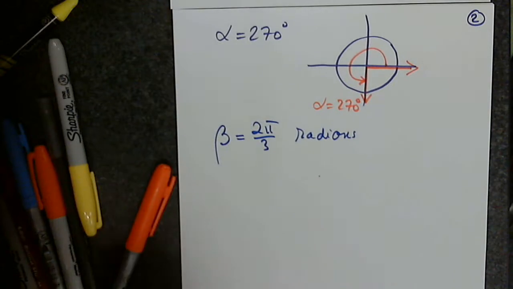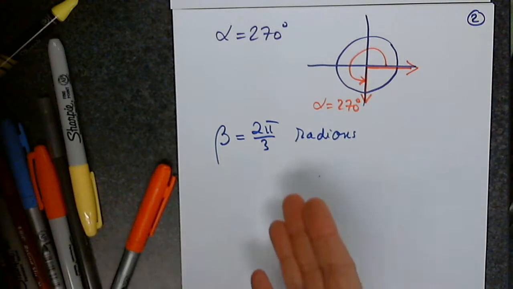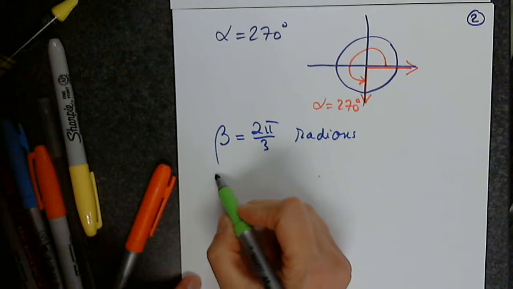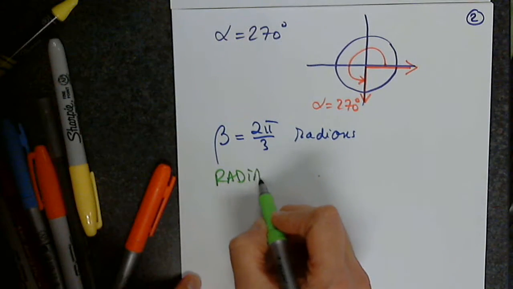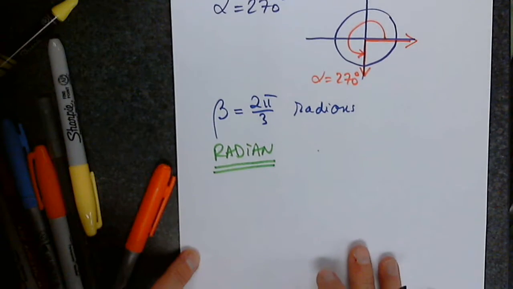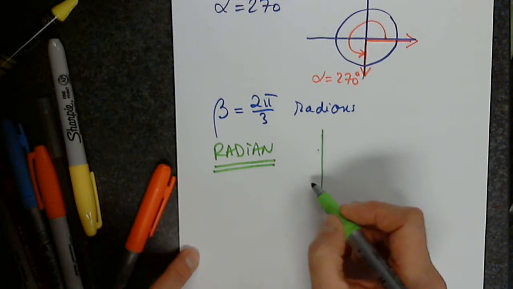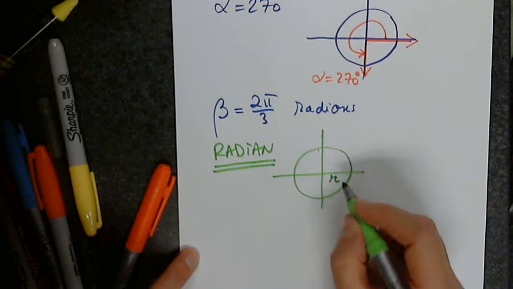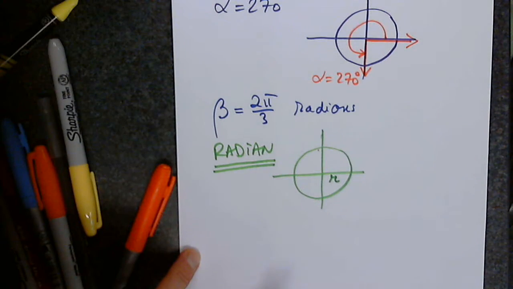Excellent. So before I explain what this is, we will have to look at, first of all, what a radian means. What is a radian? Okay, so let's look at a circle. This time the circle has a radius r. It can be 1, it can be 3, it can be 2.5. It's a radius r.